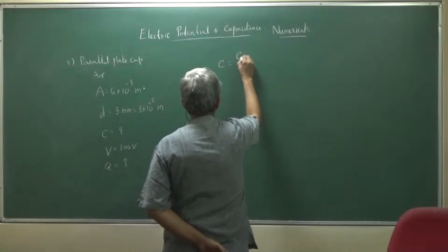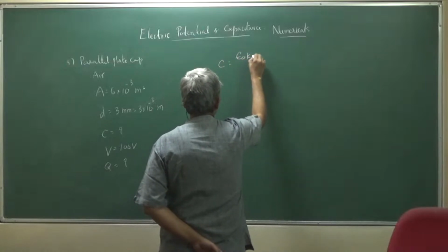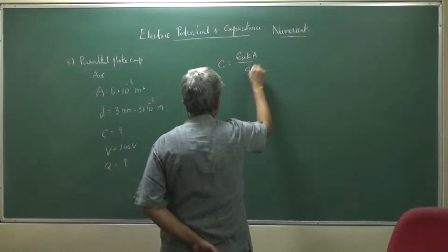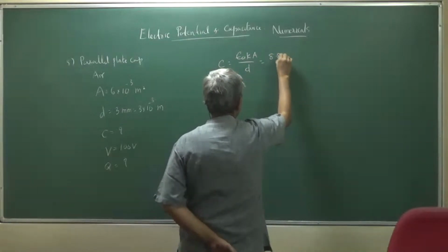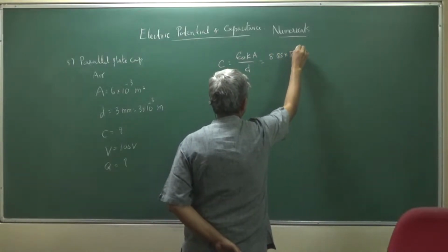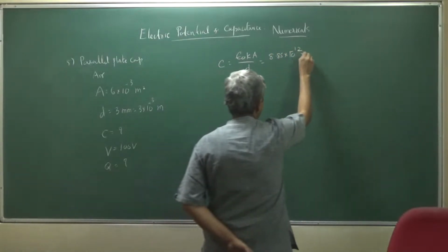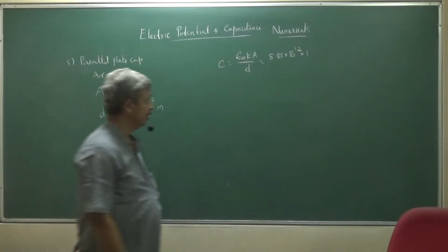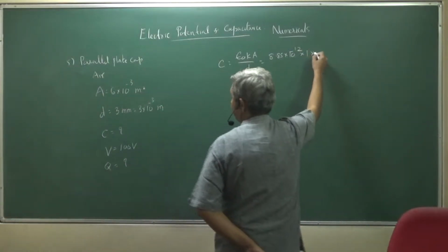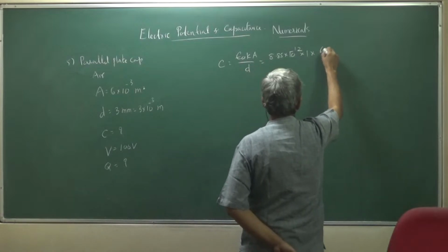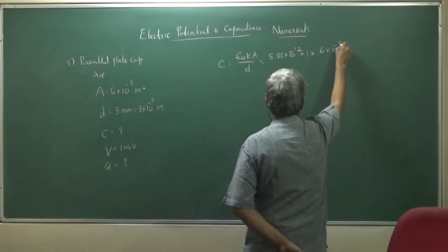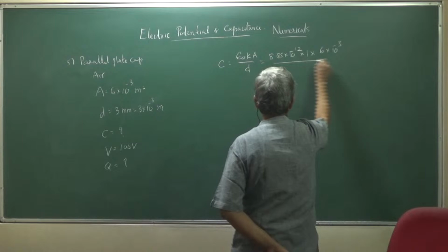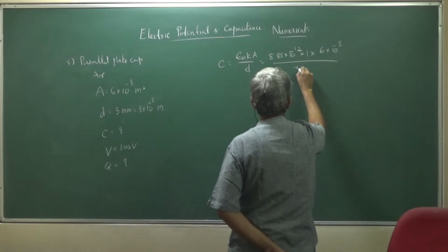C is equal to epsilon naught into K A by D. Epsilon naught is 8.85 into 10 power minus 12, and K is 1 because the dielectric constant for air is 1, into area 6 into 10 power minus 3, divided by D, which is 3 into 10 power minus 3.